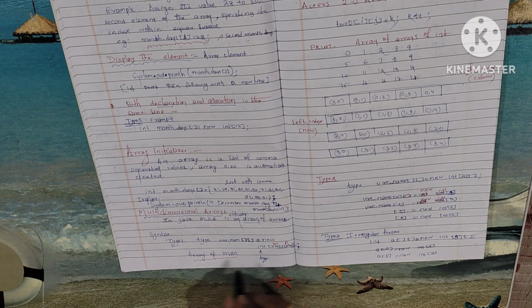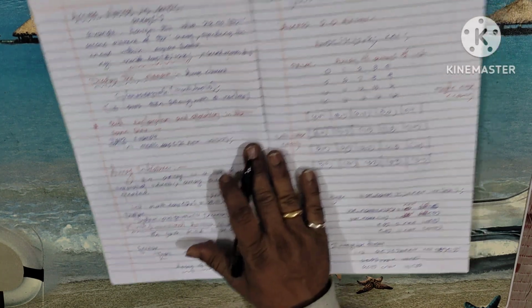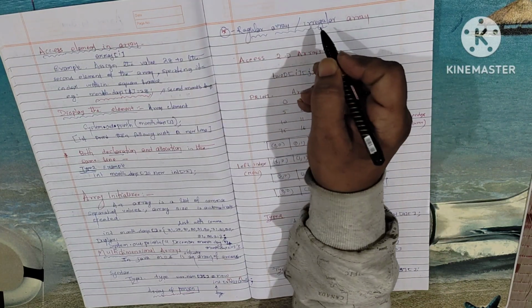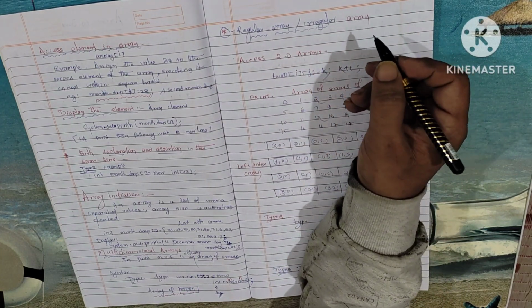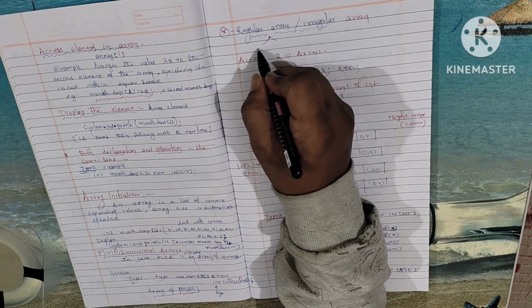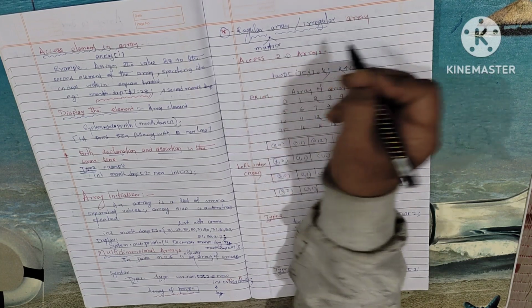Here if you want to declare and allocate an m cross n size matrix, you can do that. So now you should have knowledge of the regular array and irregular array. Irregular array, whichever we have discussed here, the matrix form.